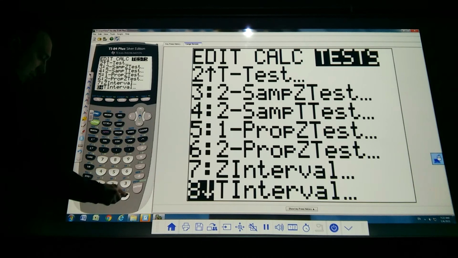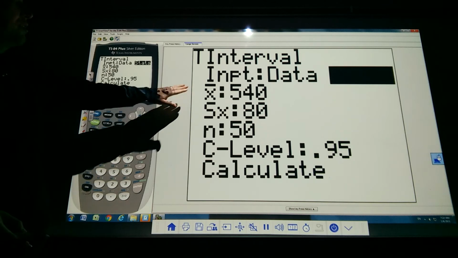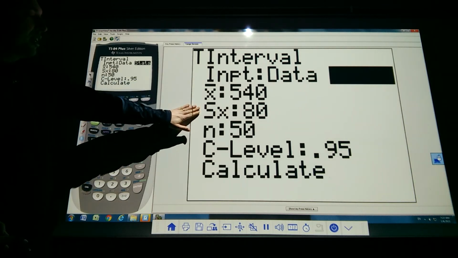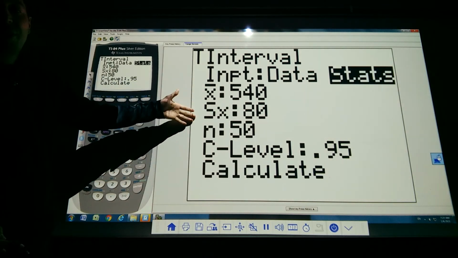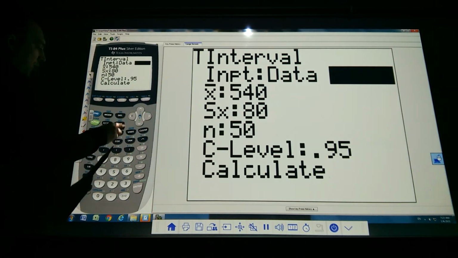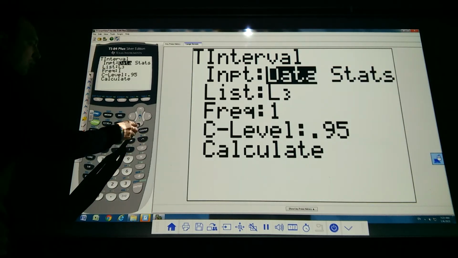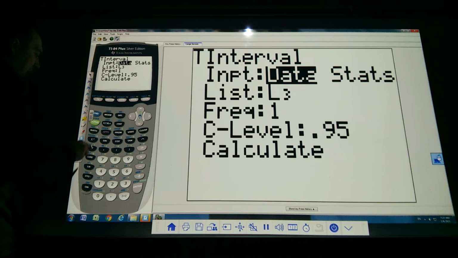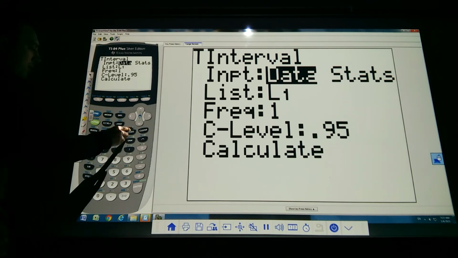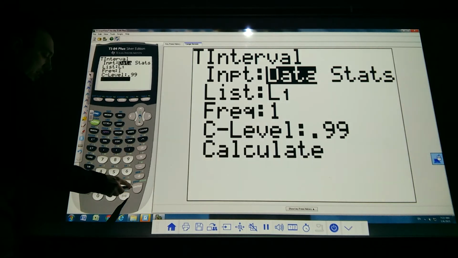Last time we entered in the average and the sample standard deviation. We don't have that. We have a list of numbers. So we go over to data. Hit enter. And then we tell it what list to go from. I put it in list 1. What confidence level? I believe I said 99. So hit 0.99. Hit calculate.